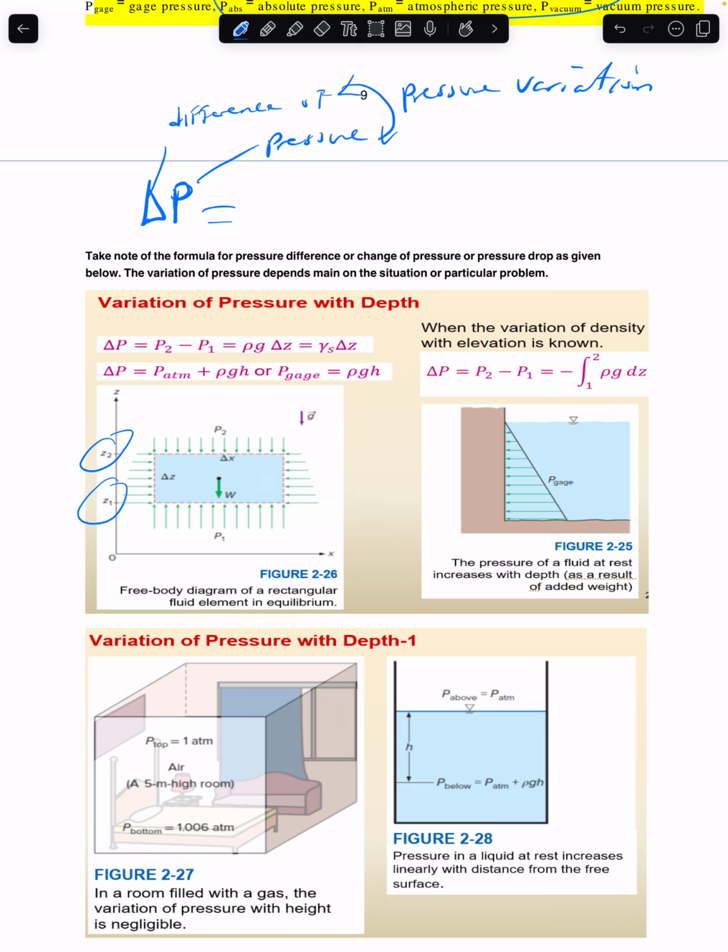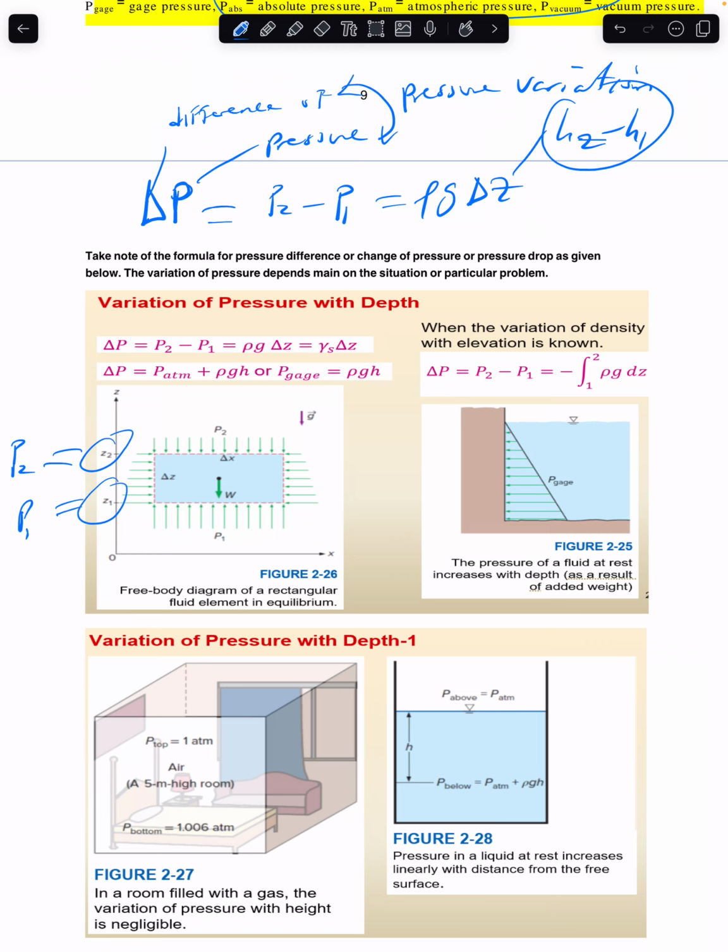It is always P2 minus P1. So P2 will correspond to the pressure at point 2, and P1 will correspond to the pressure at point 1. So that is what we call the pressure difference. And it could still be calculated by using the formula density times g times change of Z, whereby we have Z2 minus Z1.